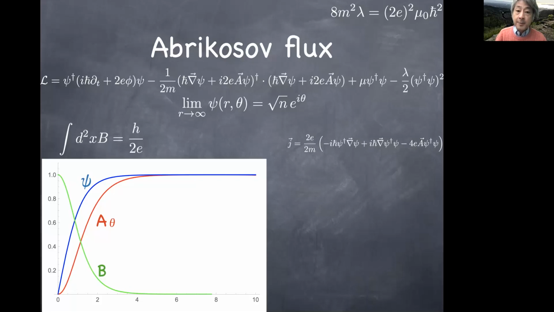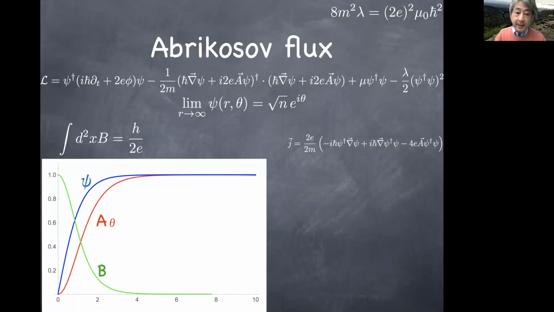And at the same time, you solve for the vector potential as well. So you are now solving two coupled differential equations for field psi and A together. And so that's why you have to solve it numerically. And this is a solution for A in the azimuthal direction, the theta component of it. So both psi and A vanish towards the origin.